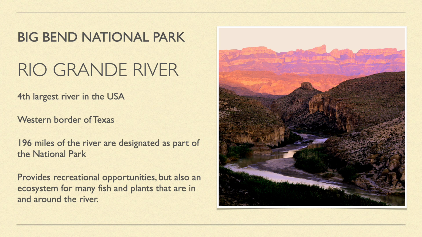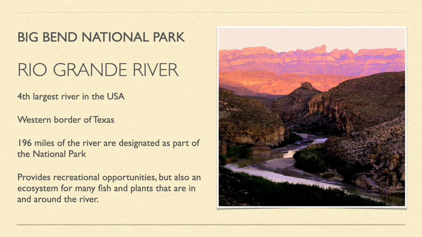Now, the Mississippi River is large as well. The Mississippi River is 2,340 miles, but the Missouri River is 2,540 miles. So the longest one is the Missouri, second is the Mississippi, and fourth is the Rio Grande. And that's where we pick up here. It makes the western border of Texas. We talked about that.